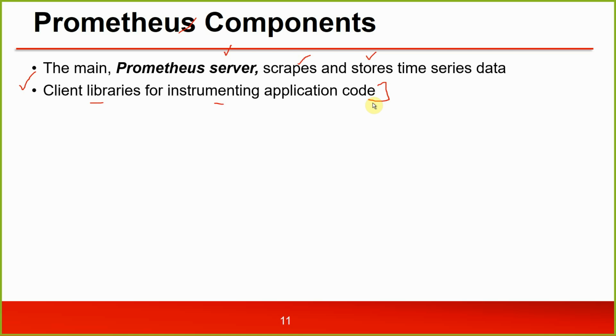At the time of development, you can instrument it and create the data which is mandatory for monitoring purposes. You can expose the data right there at the time of development using client libraries. And a push gateway for supporting short-lived jobs.